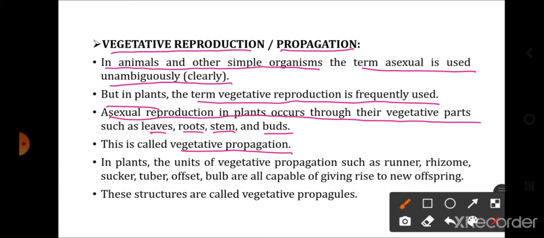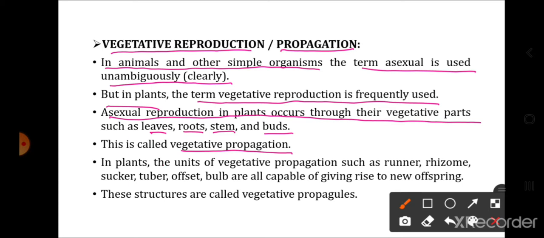Which are the vegetative parts of the plants? Roots, stem, leaves and buds. So, if the vegetative parts are involved in reproduction, that is asexual reproduction, then such reproduction is called vegetative propagation or vegetative reproduction.